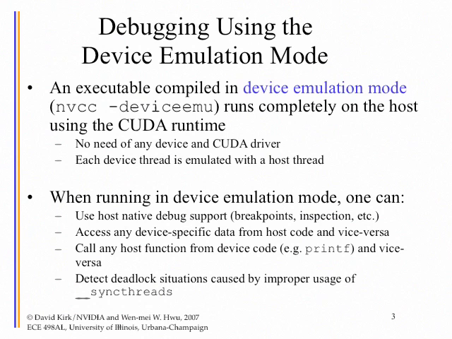So there are two things about it. One is there's no need for any device or CUDA driver. So even if you don't have the CUDA card, even if you didn't install the CUDA driver, the code runs. It's self-contained, it just only runs on the host. And each device thread is emulated with a host thread, essentially a P thread.